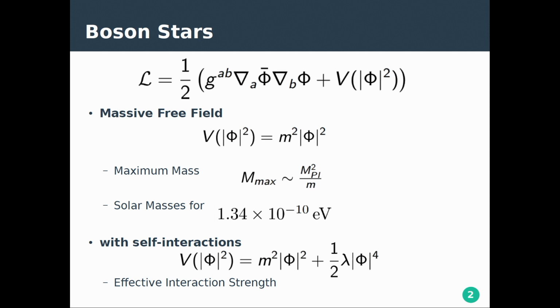And you get solar masses for these very light masses here. This is why it is called ultralight dark matter, because in this case the masses are pretty small. If you then add self-interactions, you can make your star larger.